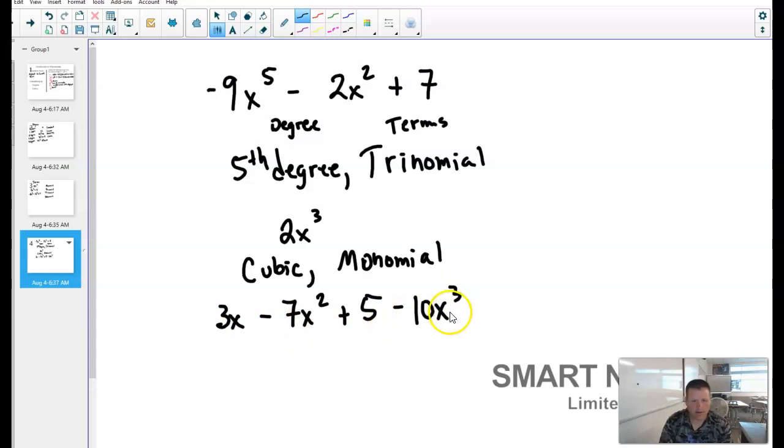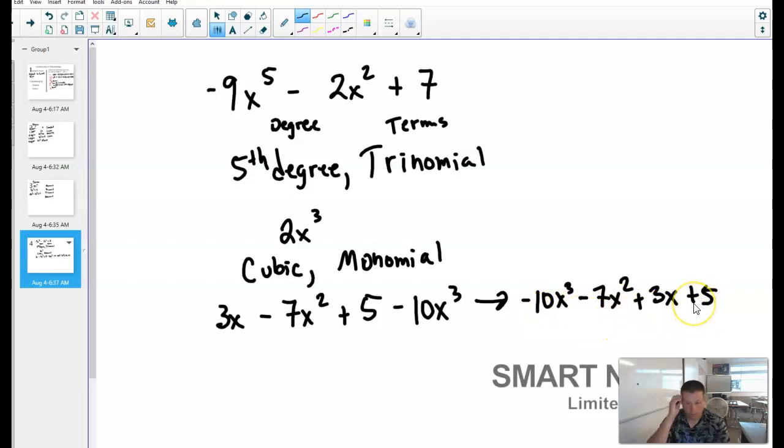This is not in standard form. I'd need to write it in standard form. So we would go negative 10x to the 3rd, because that's the highest power, minus 7x squared. Notice that the values come with it. So 3, 2, and then plus 3x and plus 5. Now it's in standard form.